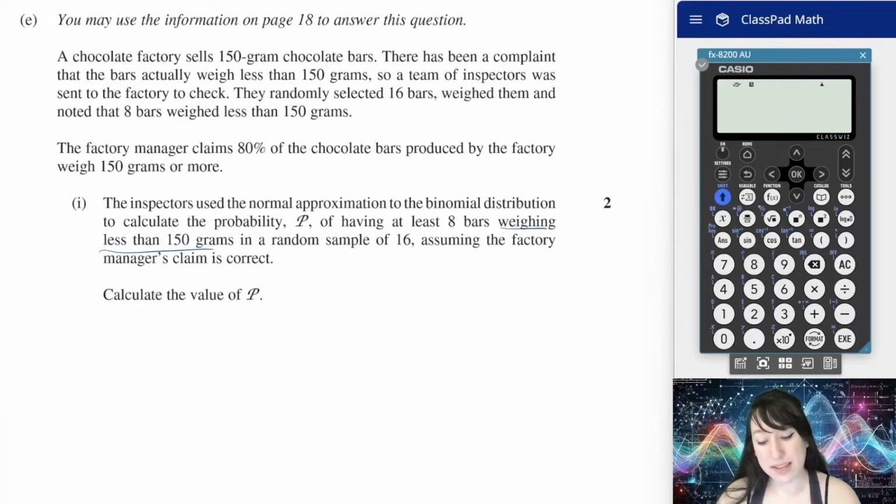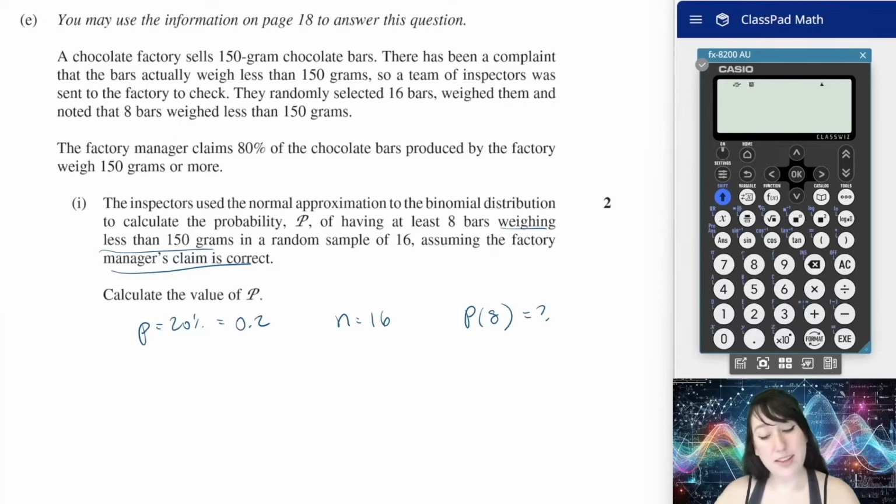So let's make P the chances of getting a bar weighing less than 150 grams, which in this case, if the manager's claim is correct, would be 20%. So we'll assume P is 20%. Of course, N is the number of trials, in this case, 16. And we're trying to work out what is the probability of getting 8.